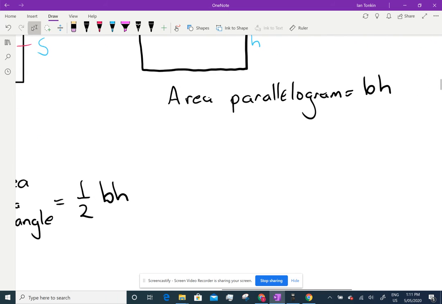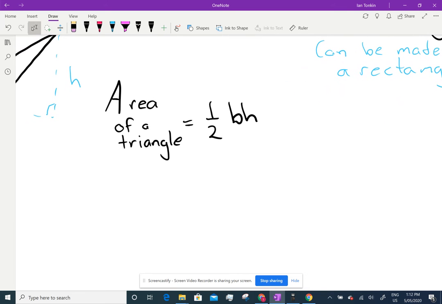So the area of a parallelogram can be made into a rectangle. So a parallelogram is base times height. And the area of a triangle, because all triangles can be made half a parallelogram, is half a parallelogram.